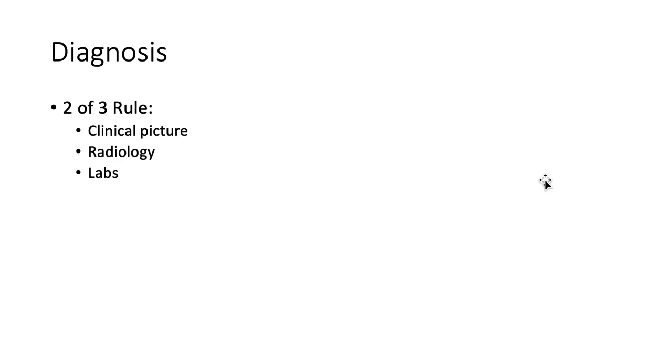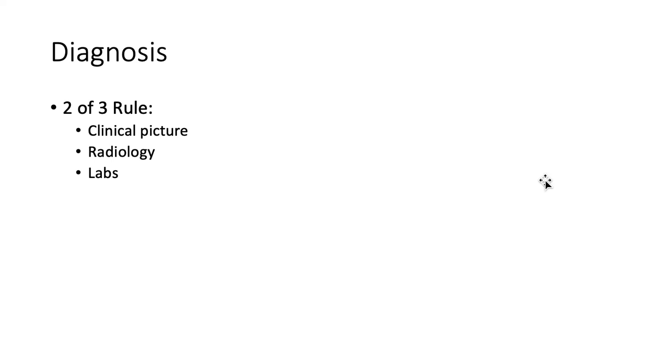For the diagnosis, we talked about the clinical picture, which is epigastric pain radiating to the back. We also mentioned the amylase and lipase, and we said that it should be 3 times upper normal in order to consider it a sign of pancreatitis. And we talked about the radiology, which could be ultrasound in case of gallstones, and CT.